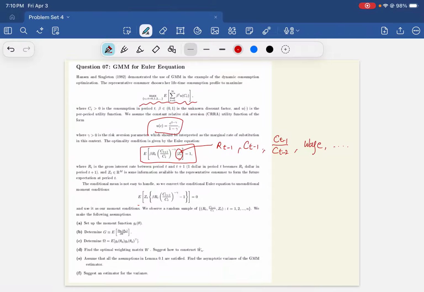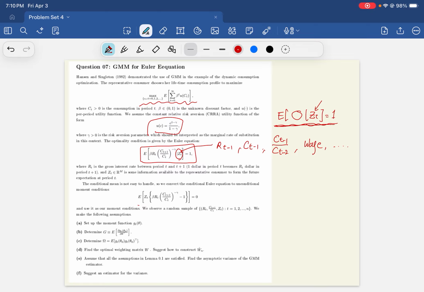Anyhow, this is a conditional expectation form, something given z_t. In econometrics, conditional expectation is very difficult to handle because it must be satisfied for each value of z, right?